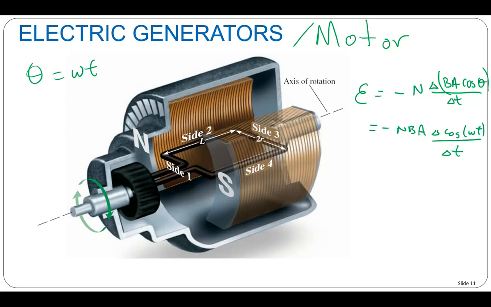Now, only one of you here has to know calculus. This here is truly a derivative. If you take that derivative of cosine, it's minus sine. So that's going to be negative omega.